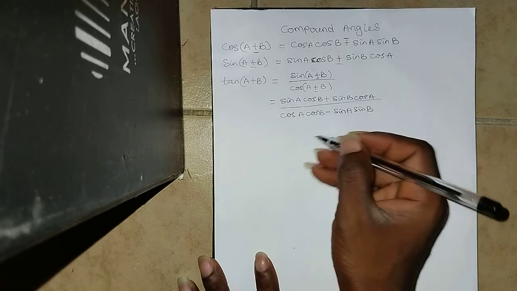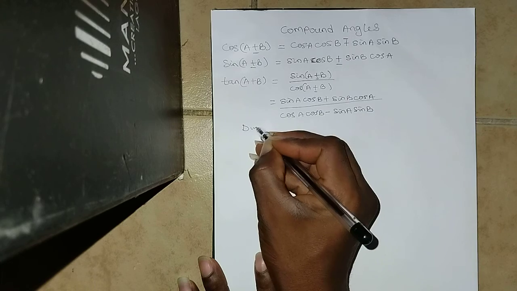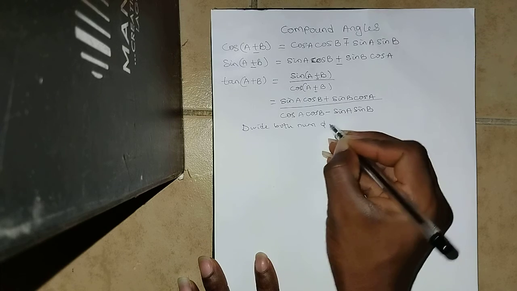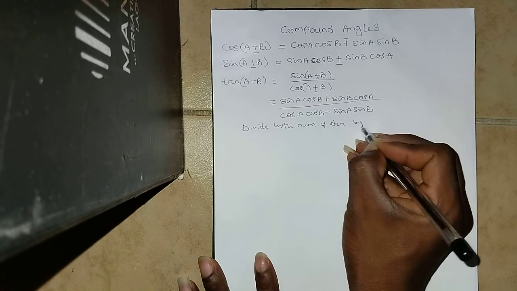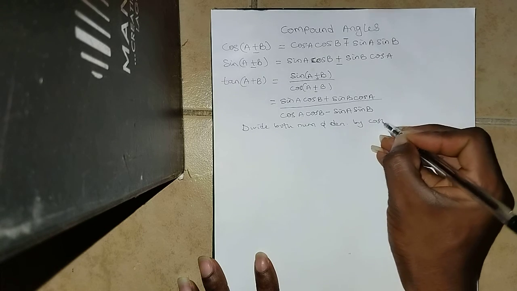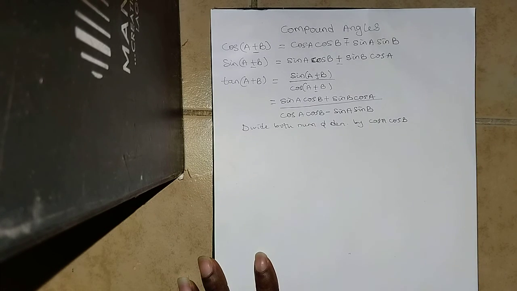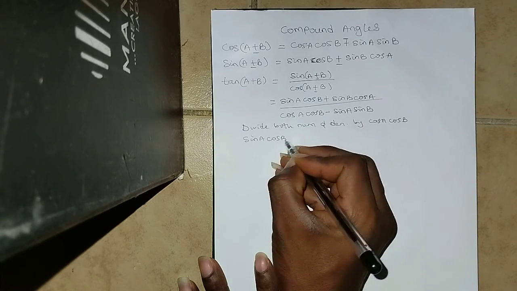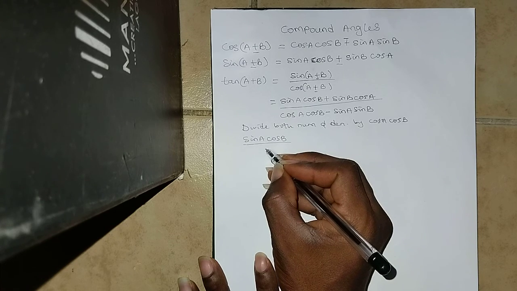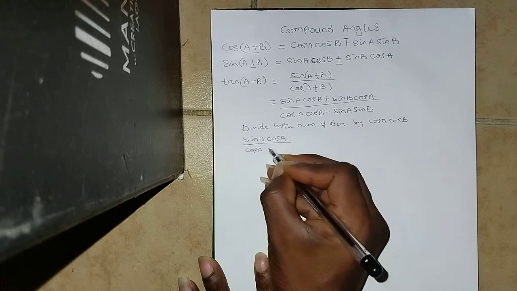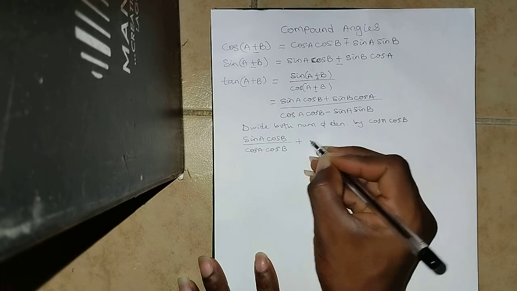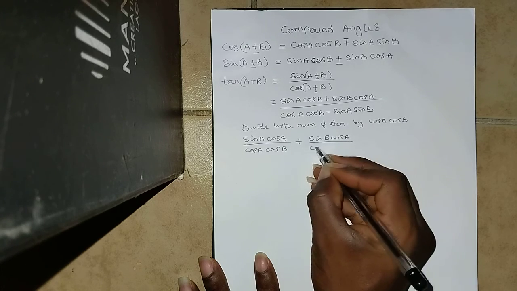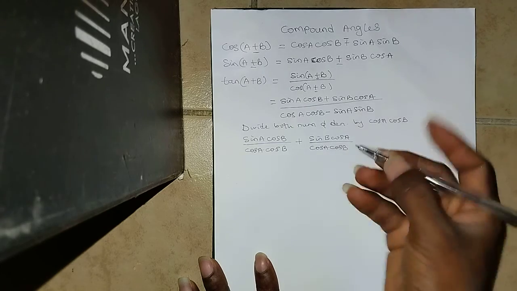So the next thing for me to do is to divide both numerator and denominator by cos A cos B. When I do that, then I have my sine A cos B all over my cos A cos B, plus my sine B cos A all over my cos A cos B. I've done the numerator side.